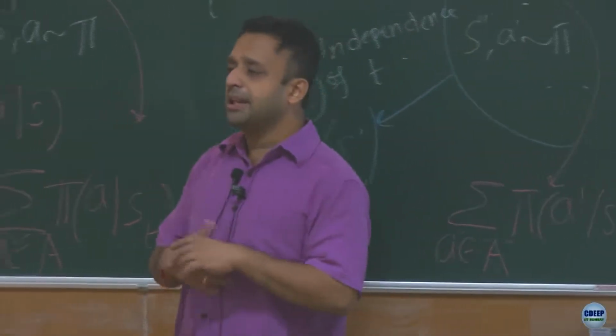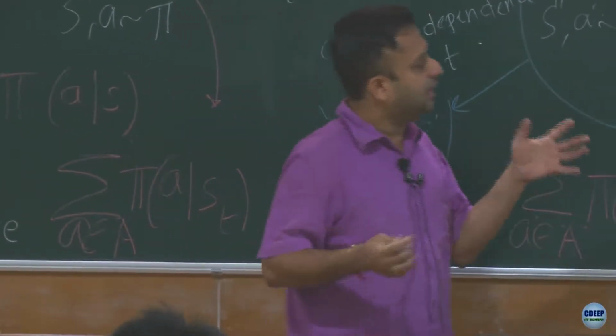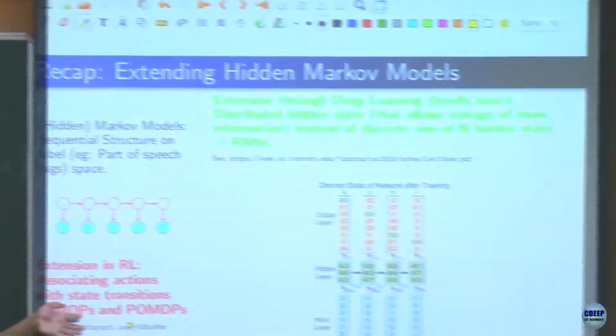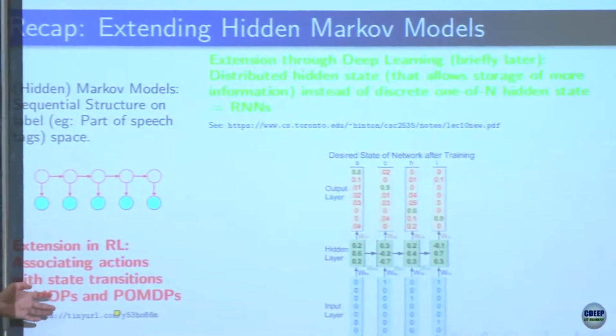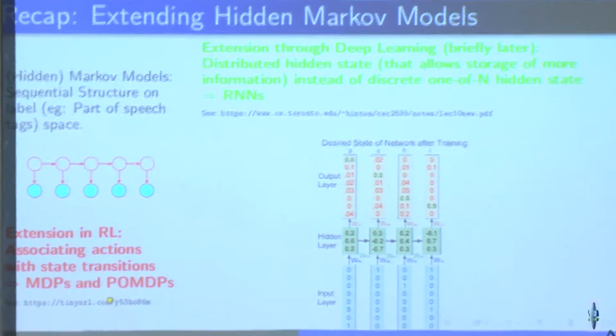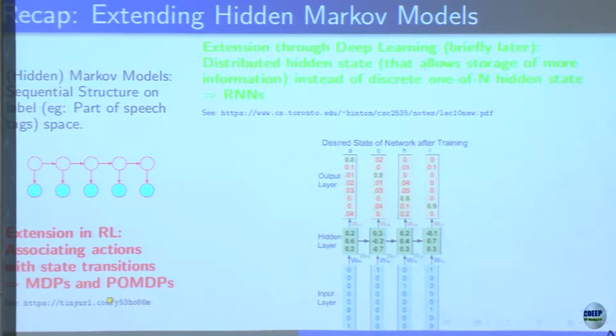So, recap: in the last class, at the beginning I said you take a hidden Markov model, one way you could extend it using a Markov decision process is when you associate actions with state transitions, and that is how we got into this discussion, right. The other view is the one on the right.